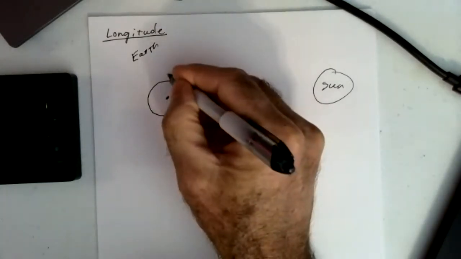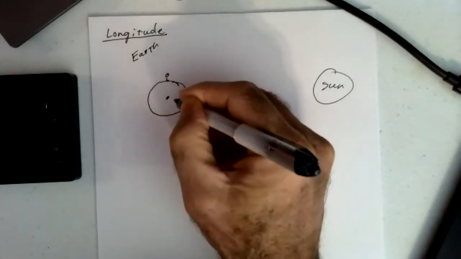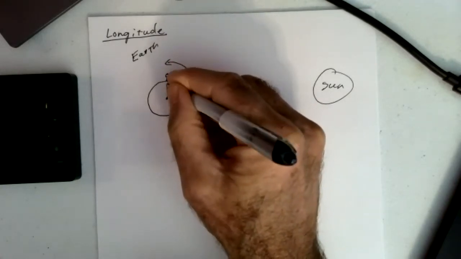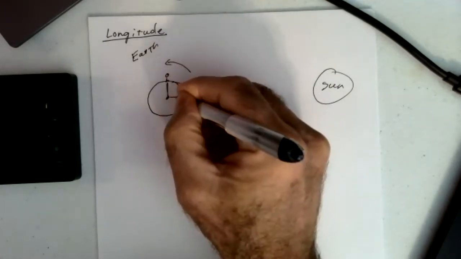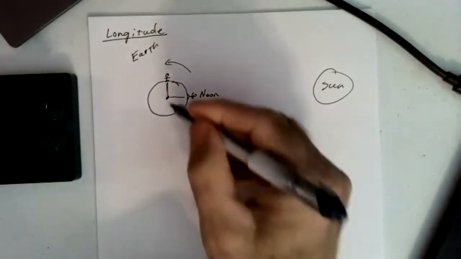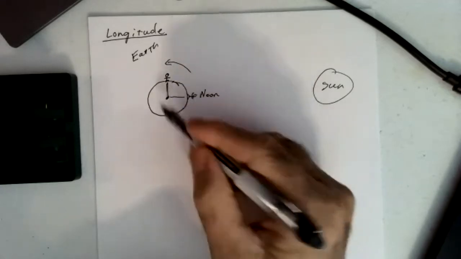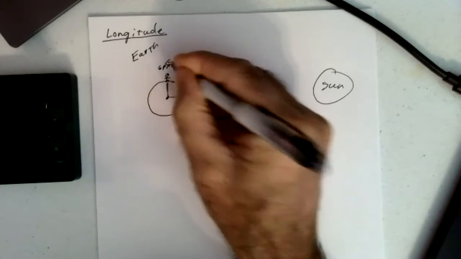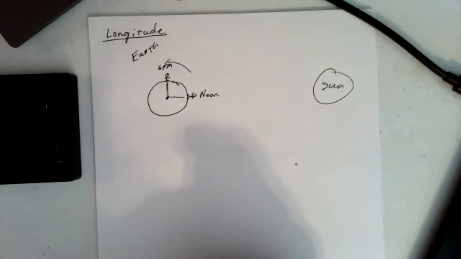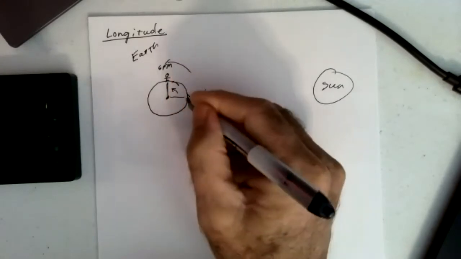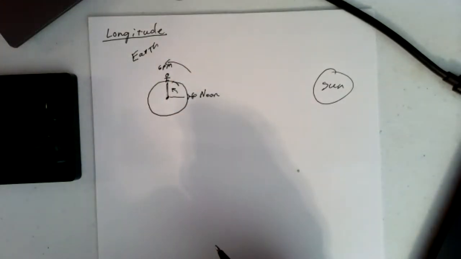Now, when Herb is up here, remember the Earth spins counterclockwise, so it's spinning this direction. He's gone 90 degrees away from noon, but 90 degrees is 1/4 of the way around. Well, when we have 24 hours, 1/4 of that is 6 hours later, so this is actually 6 p.m. So from here to here, to rotate that far, the Earth takes 6 hours.